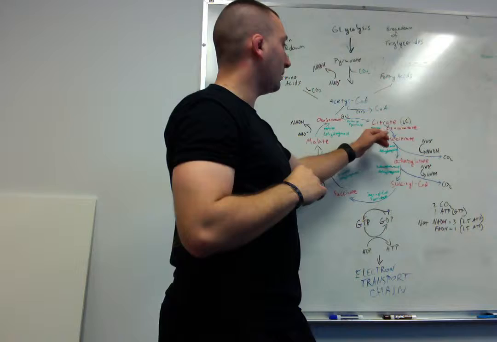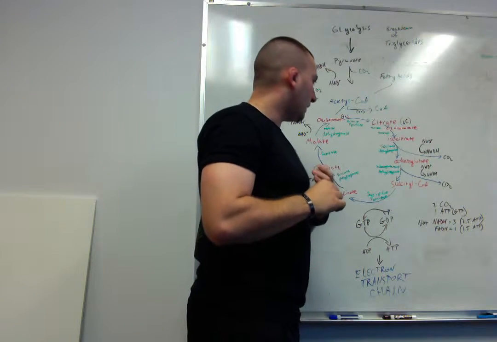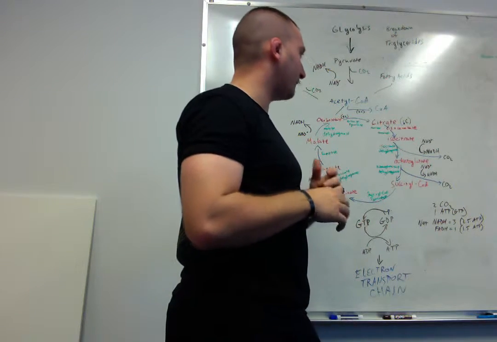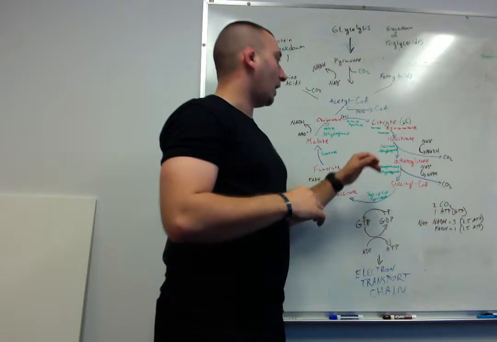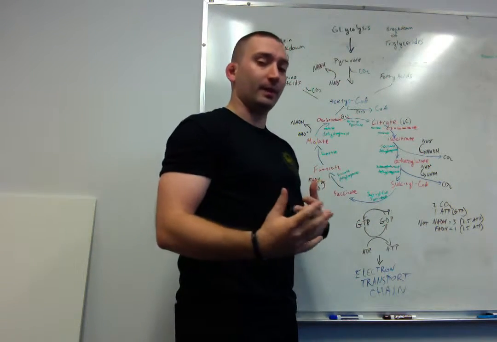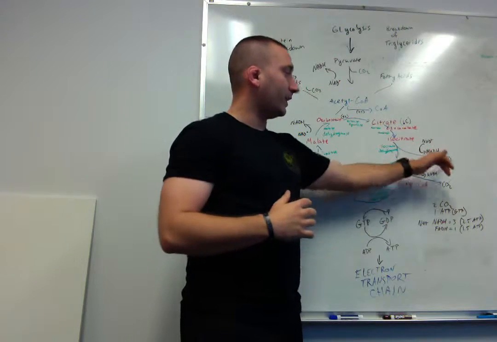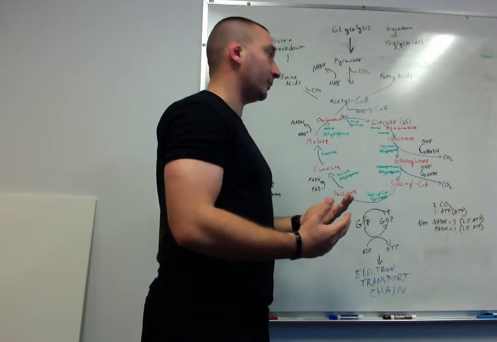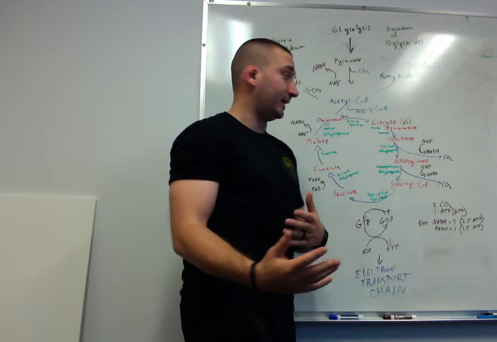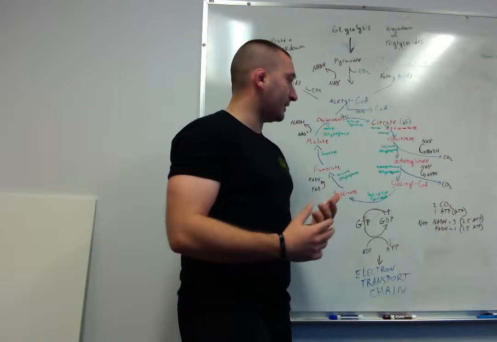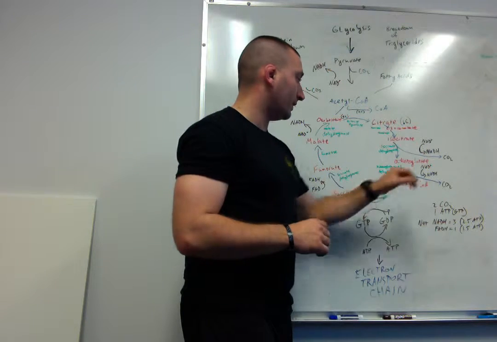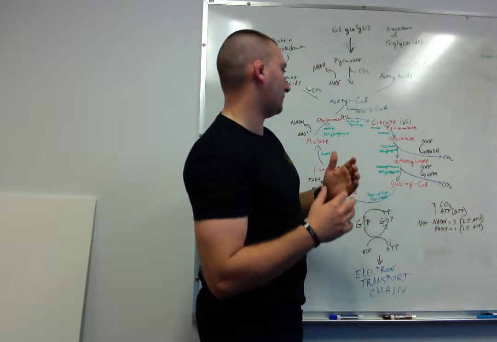All right, so here, now through aconitase, we have cis-aconitate and isocitrate. And in this step, it gets a little interesting because now we lose a carbon molecule in the form of CO2, but we gain an NADH, as we use isocitrate dehydrogenase to go over to alpha-ketoglutarate.